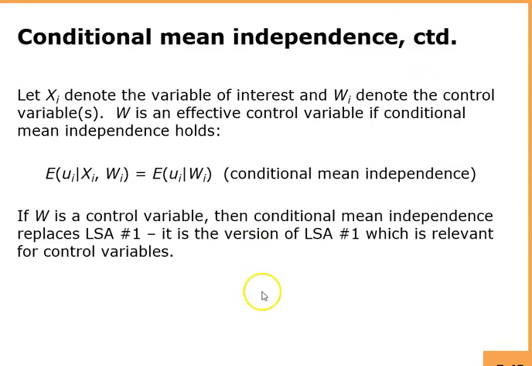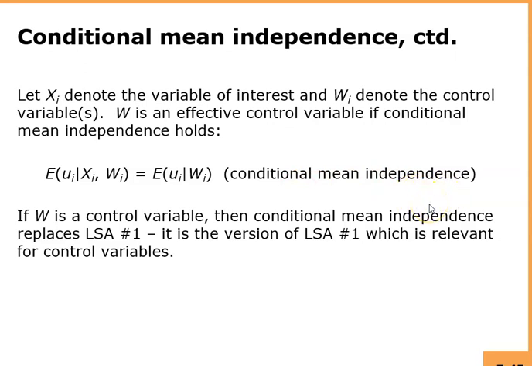What that simply means is that the expectation of u given x and w, given your variable of interest and the control variable, is equal to just the expectation of u given the control variable. This condition is called conditional mean independence.